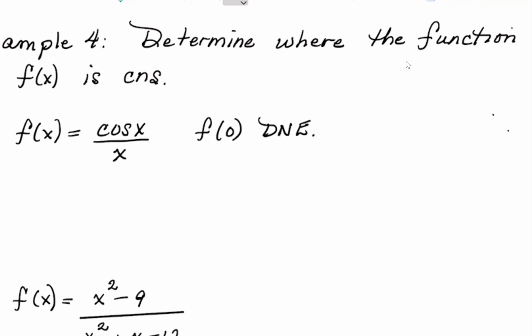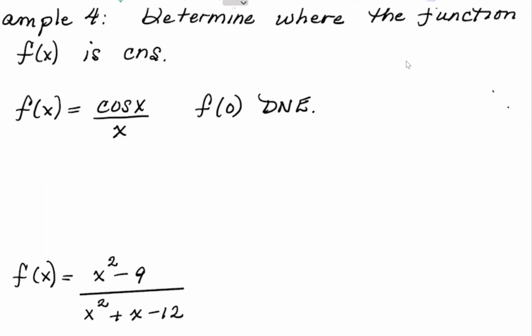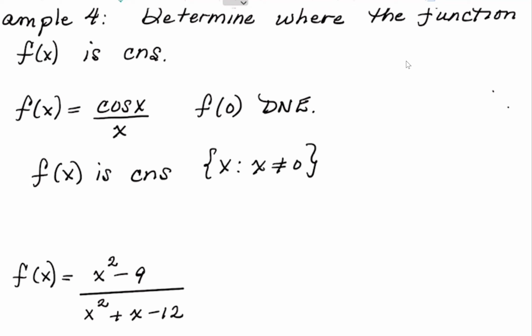And in fact, we can say then that f of x is continuous on this set, the set of all x such that x is not equal to 0. So that's set notation, or we can use interval notation, minus infinity to 0, union 0 to positive infinity.